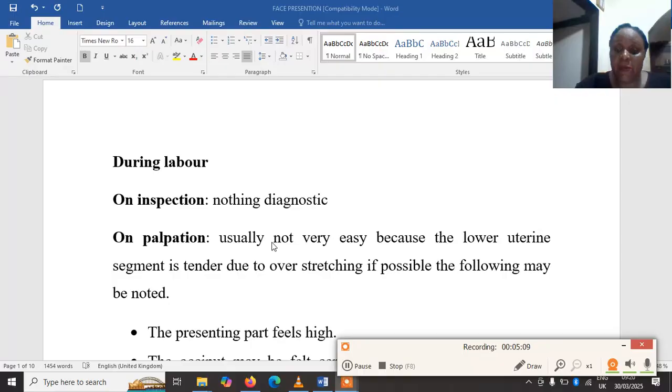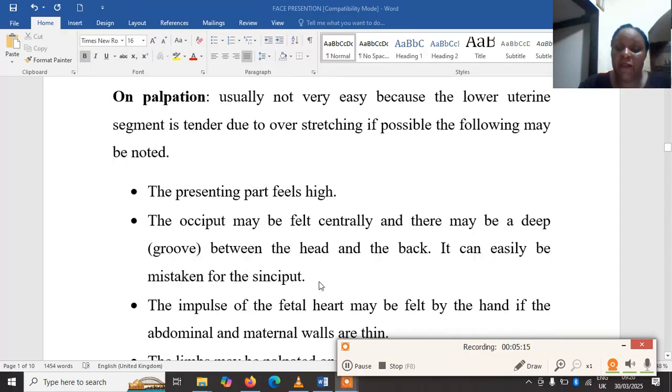If possible, the following may be seen. The presenting part may feel high, the occiput may be felt centrally, and there may be a deep groove between the head and the back. It can easily be mistaken for the sinciput.